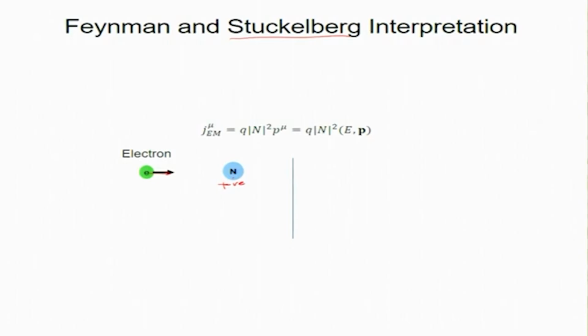Now let us imagine that I record a movie where the electron is moving forward, but now I play it backward. I am just going to play the movie backward. So what will happen?